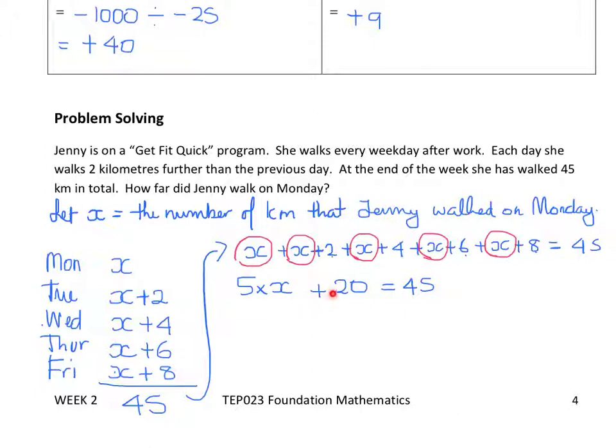I'm going to undo the addition first here. I'm going to subtract 20 from both sides of that equation. And if I subtract 20 from both sides, because I'm doing exactly the same thing to both sides, it means the equation still balances.